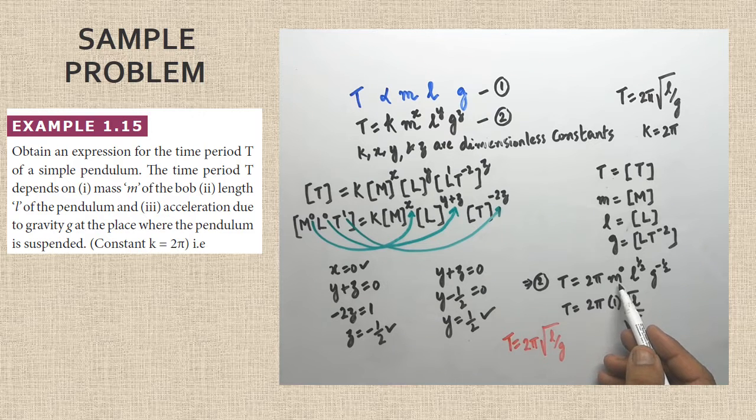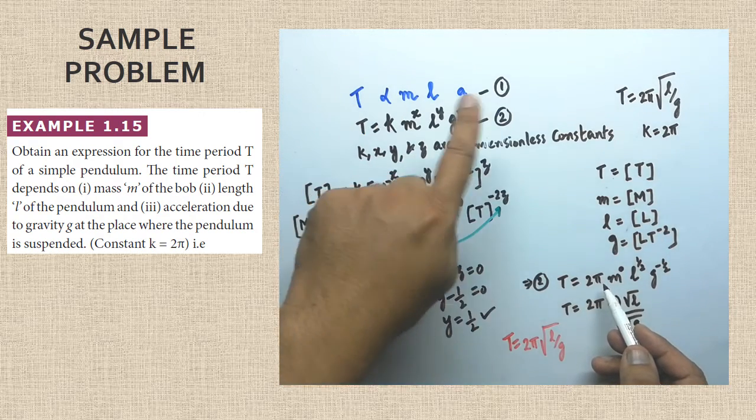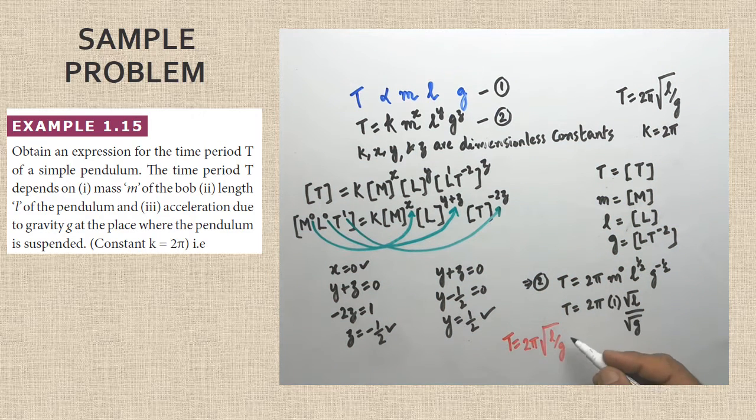Initially, this conclusion was not given in the problem. Simply it is mentioned that time period depends on mass, length and G. After deriving the formula alone, we are able to conclude how they are all related. So this is the purpose of using dimensional analysis, from which we are able to derive the expressions in physics. Okay, thank you.